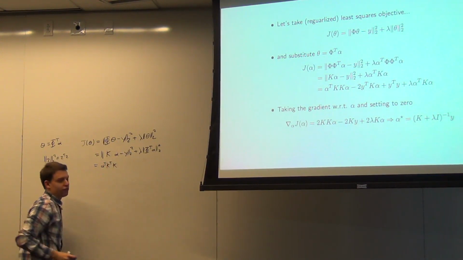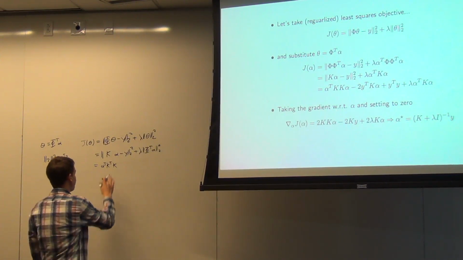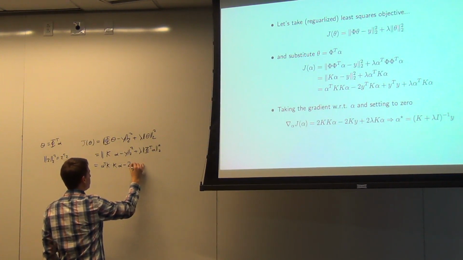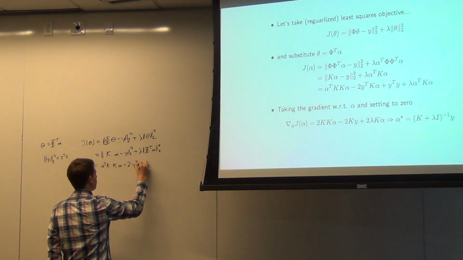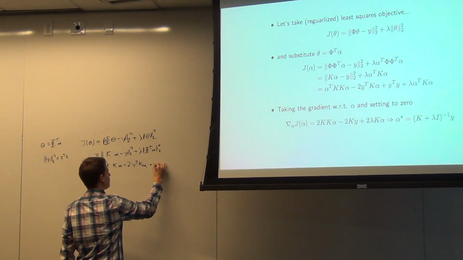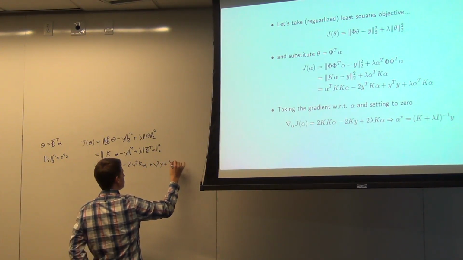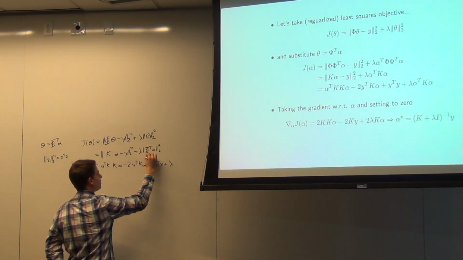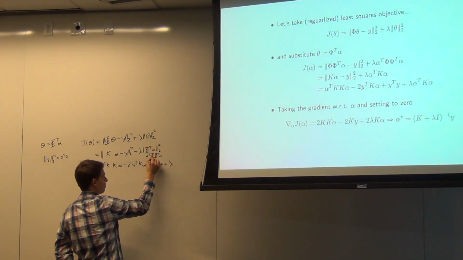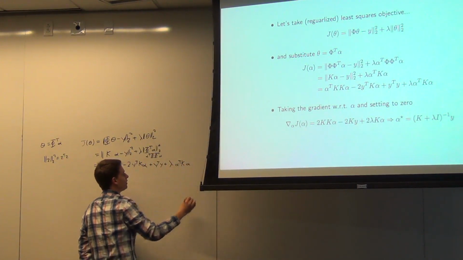It turns out K is symmetric, so it doesn't matter which order you do these in, so I'll just erase the transpose. Then minus 2 y transpose K alpha, plus y transpose y, plus lambda times alpha transpose phi phi transpose alpha, which is alpha transpose K alpha.